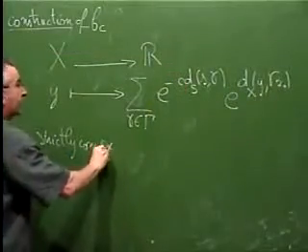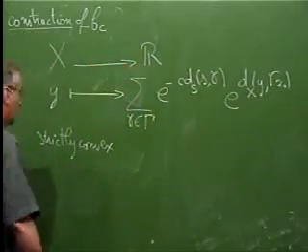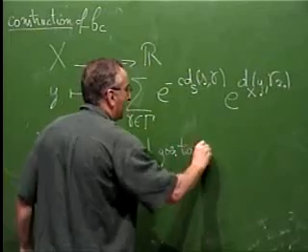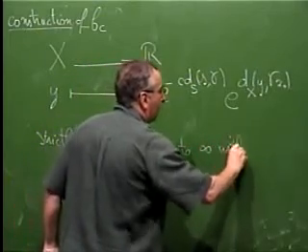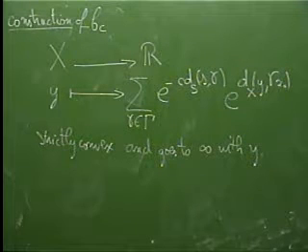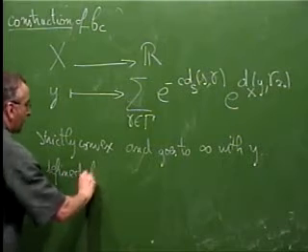Strictly, because we have this exponential here, which goes to infinity with Y. And it's defined for C big enough.